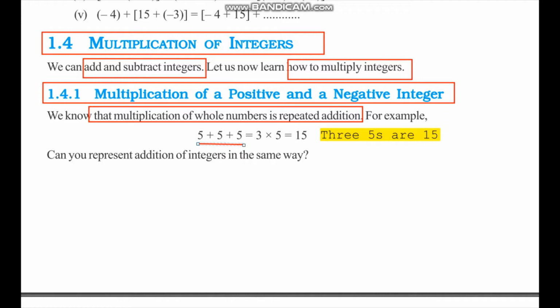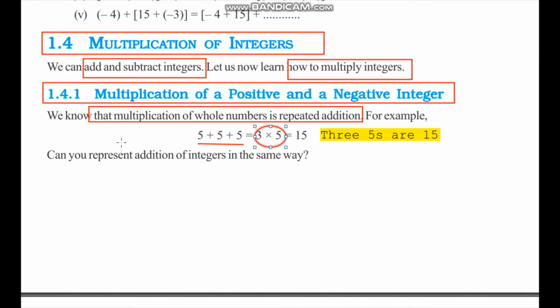So because we have 3 5s, we can say that it is 3 times 5. Okay? And that is why we say 3 5s are, and the answer is 15. So if you add 5 3 times, you get 15. This is the multiplication of whole numbers. It is just repeated addition.